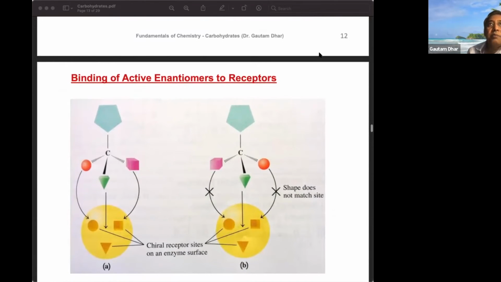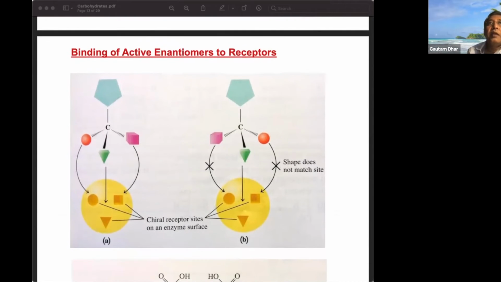If you look at this molecule here, you'll see that this is a mirror image. Apparently they look the same, like our left hand and right hand. But if there's an enzyme surface where this one exactly fits into these groups, the other one does not fit, because the enzyme surface itself is chiral, and it can distinguish.